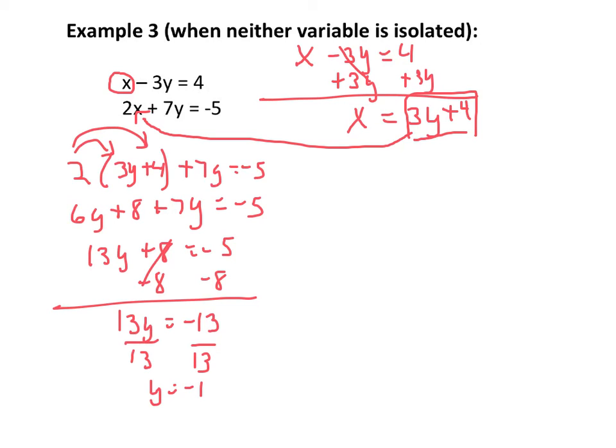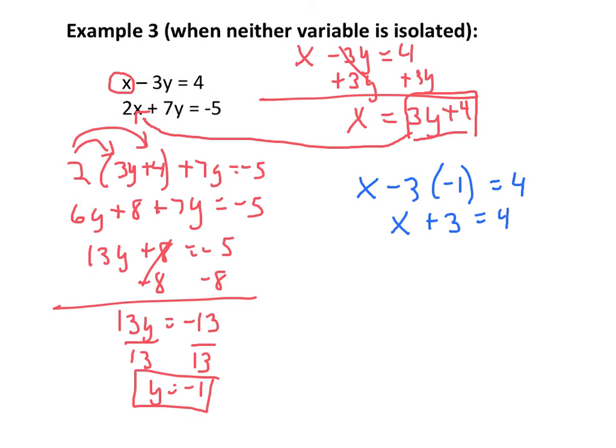Now I take this y is negative 1 and I substitute it back into either equation. It doesn't matter. I'm going to pick the first one. X minus 3, y is negative 1, is equal to 4. So this is x plus 3 is equal to 4. So subtract 3 and I get x equals 1. So my solution is 1, negative 1.